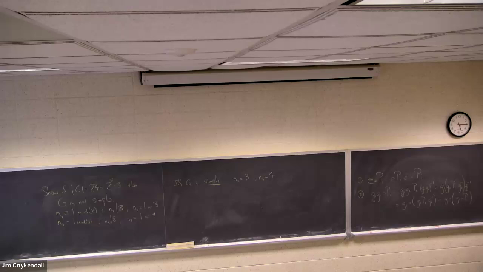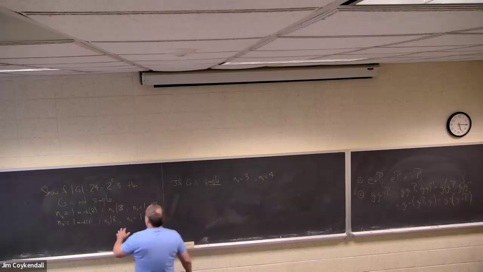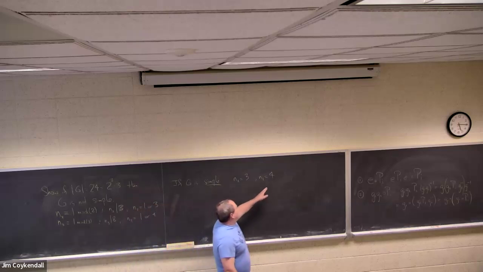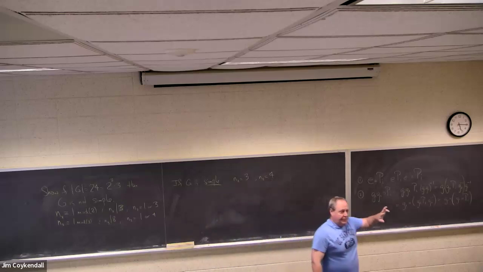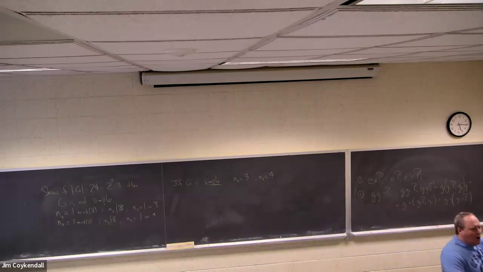And now, did you try to count elements? The counting elements method is effective on the previous one, but not so much this one. And here's the problem. Counting elements in the 4 Sylow 3 groups is easy because there's no overlap between any two of them other than the identity, because they're all cyclic of prime order.